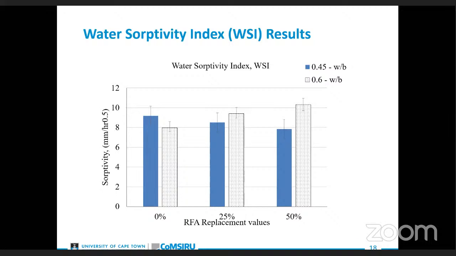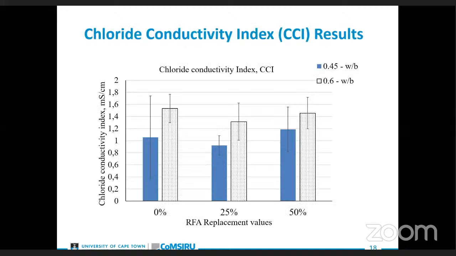The WSI index also represents the rate of capillary suction as well as the water penetrable porosity of concrete. Most of the CCI chloride conductivity index results ranged between 0.9 and 1.5, which indicated that the mixes were also of good quality, except the 50% replacement of RFA for the 0.6 water binder ratio, which had a value of 1.53 that showed poor quality.